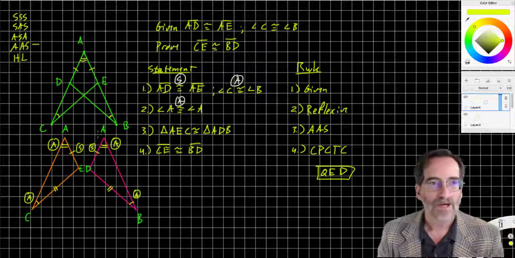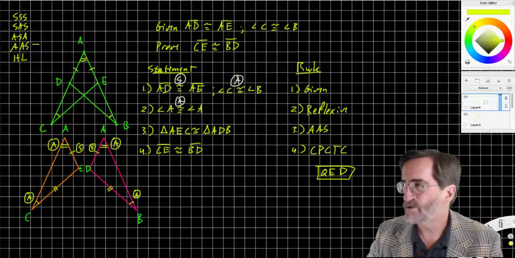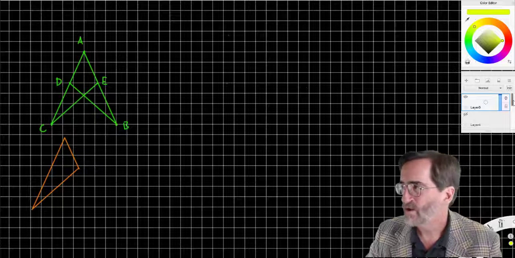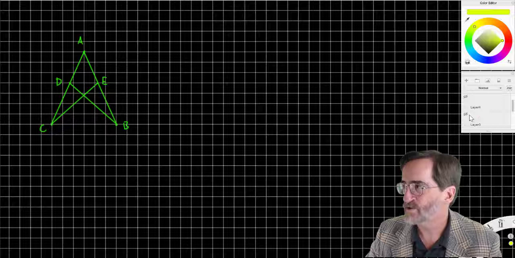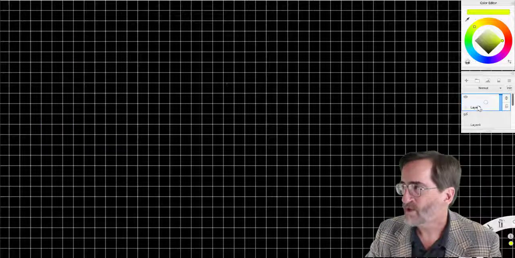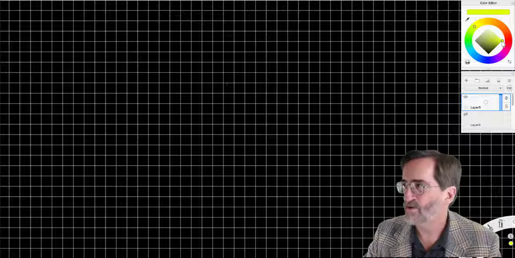I'm going to go ahead and draw another scenario, but I'm not going to do the proof for the sake of time. But I will demonstrate how the overlapping can be not just angles, but also sides. Here's the scenario.